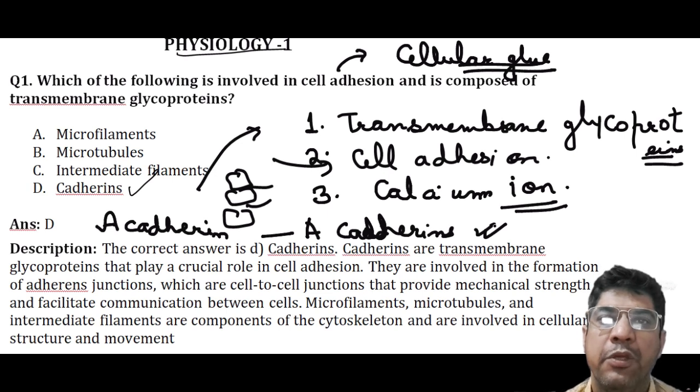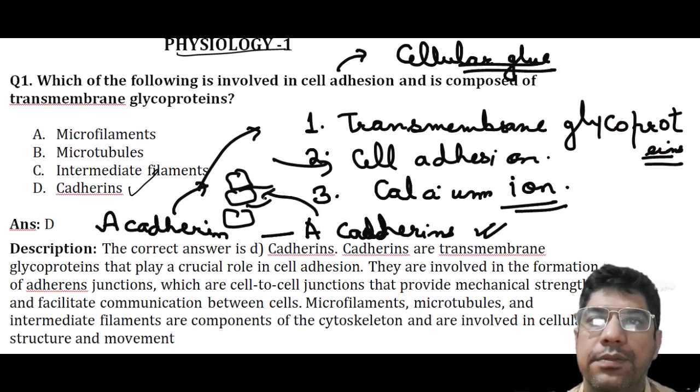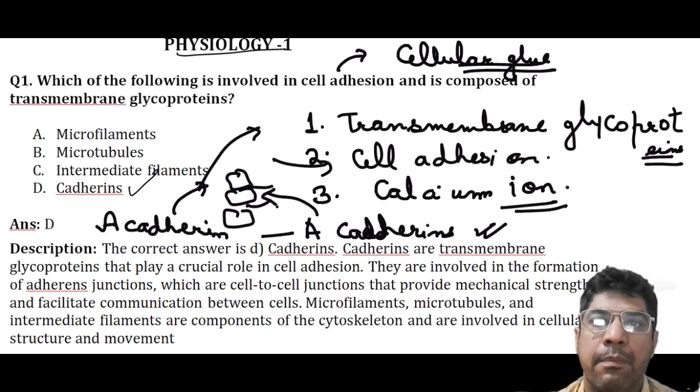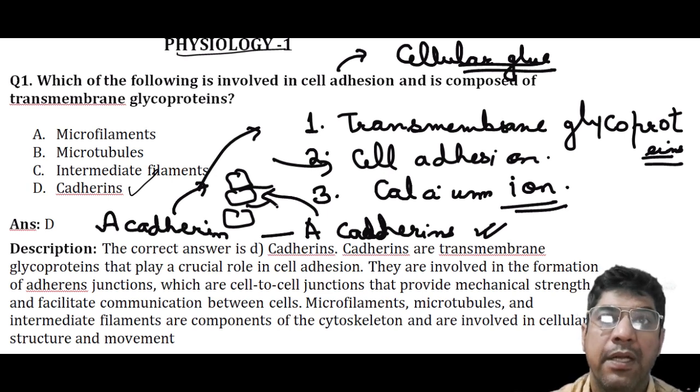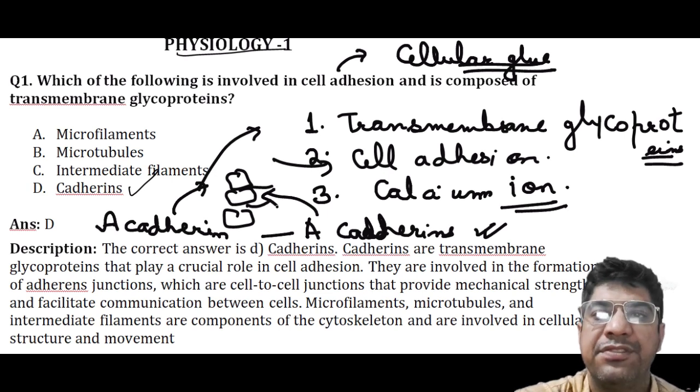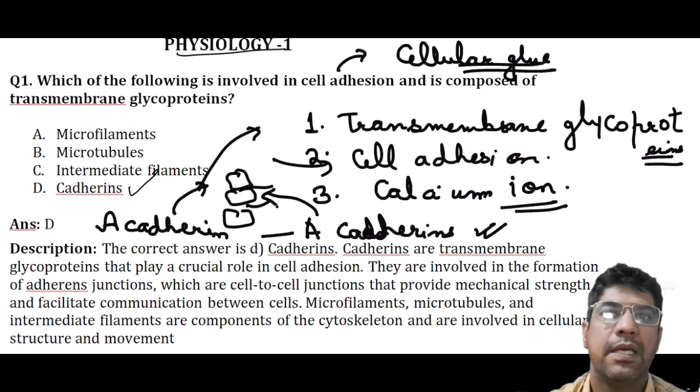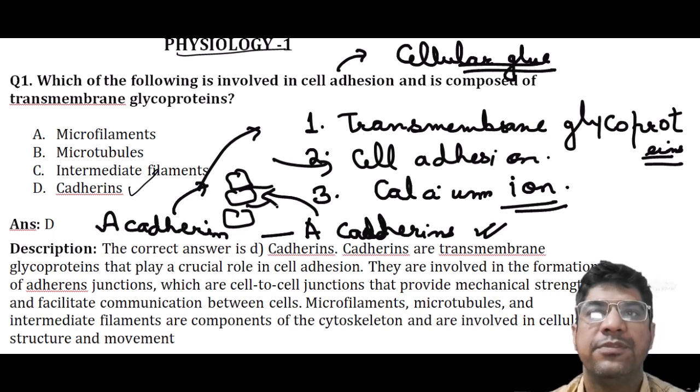If two people use the same handshake, they become close friends and stick together. If they use different handshakes, meaning different cadherins, they still can be friends, but they might not stick together as strongly.